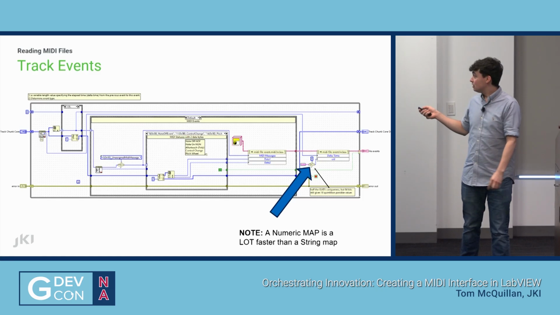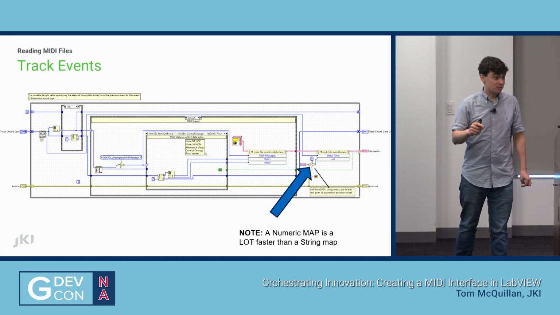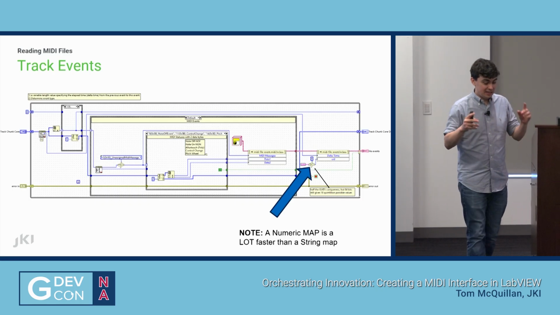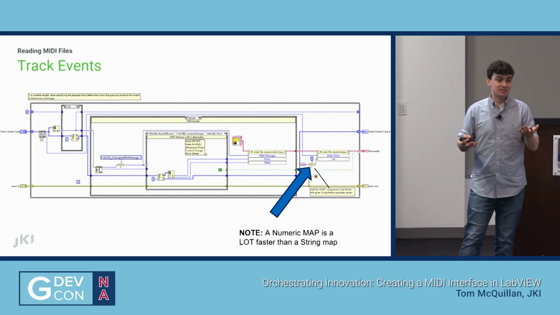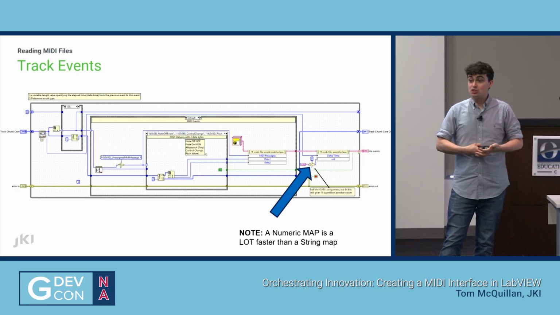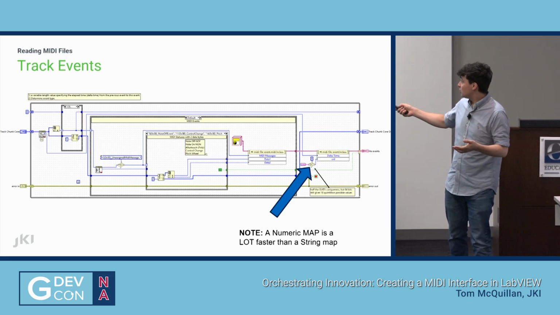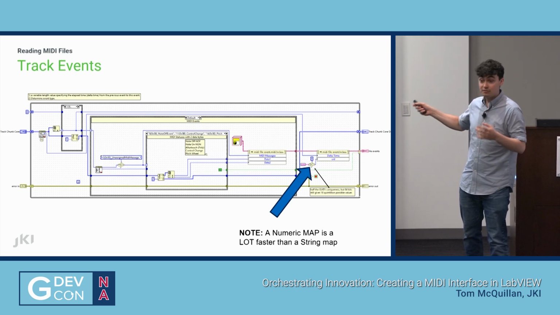A note I've put on the screen there is a numeric map is a lot faster than a string map. I initially used a string as a GUID, but I found it took so long to do lookups, because ultimately I could have thousands and thousands of file events.